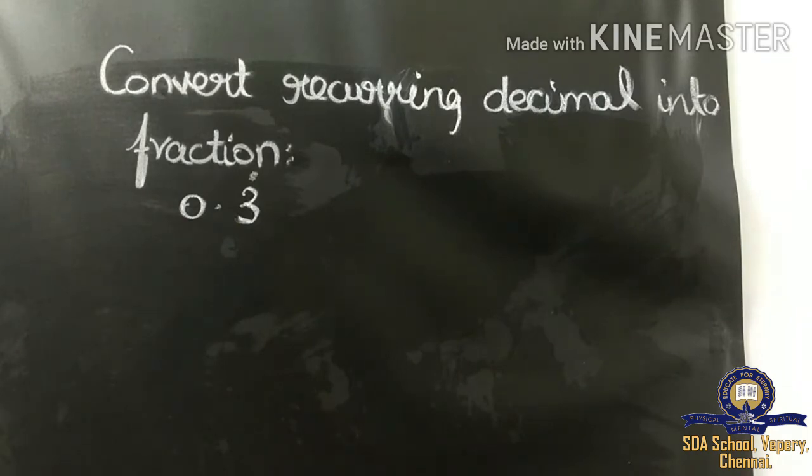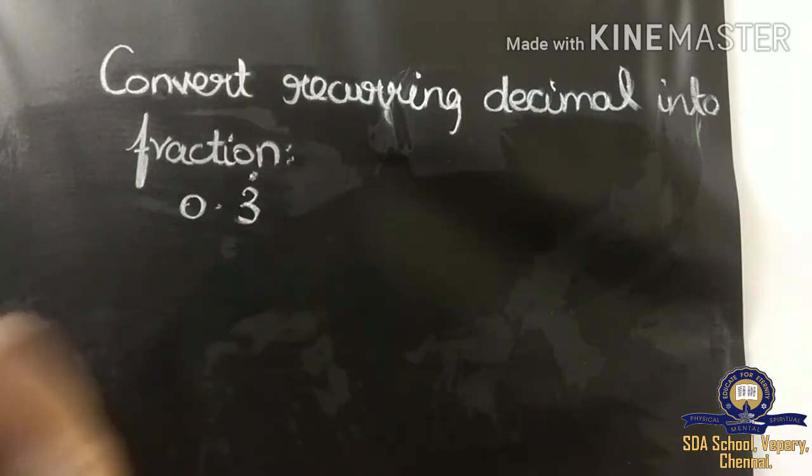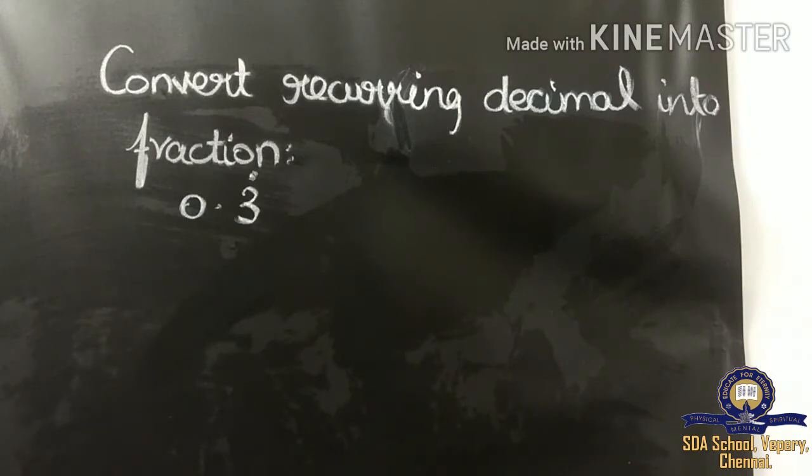A dot or a bar is placed over a digit to indicate that it recurs, and it is a recurring decimal. If there is any dot or bar, it tells that it will repeat.